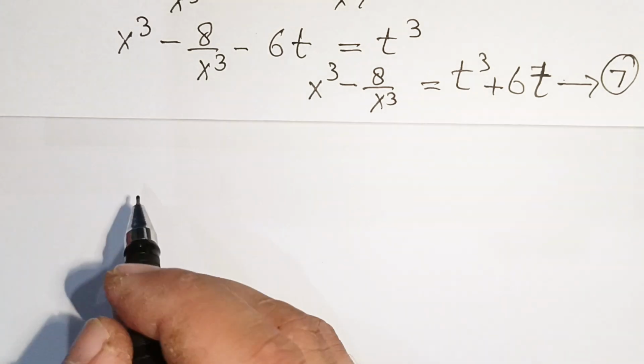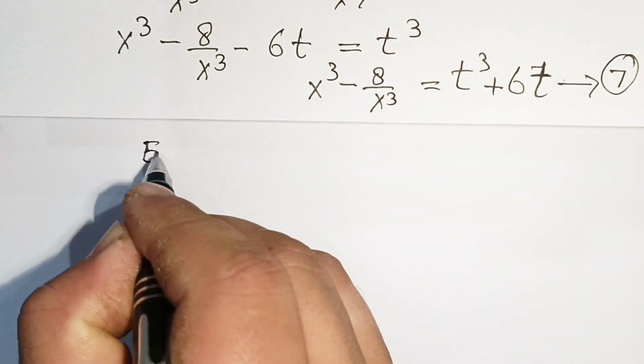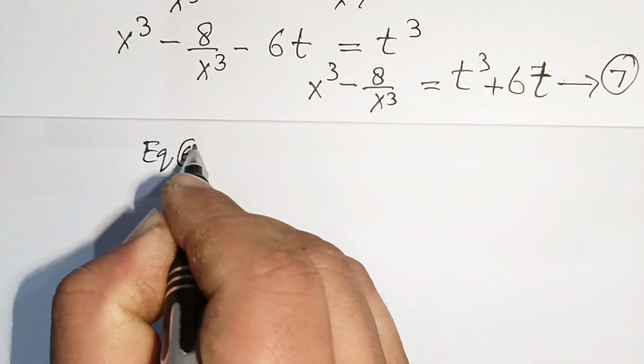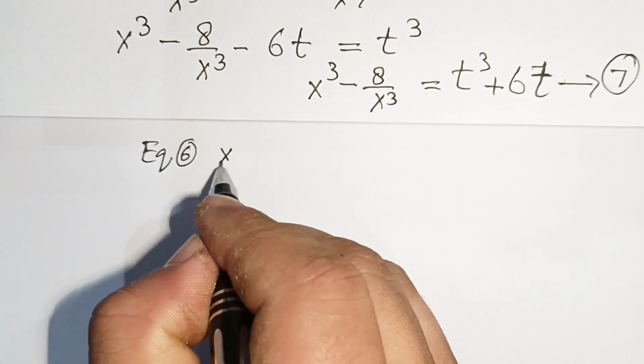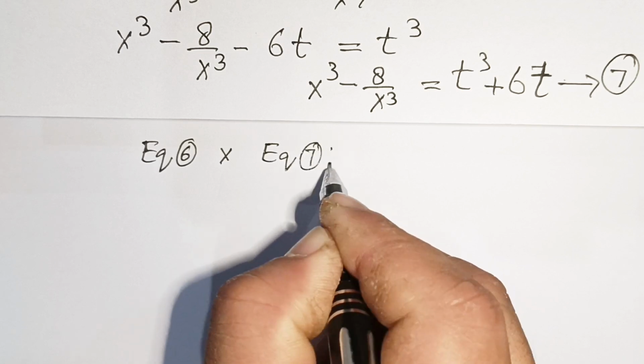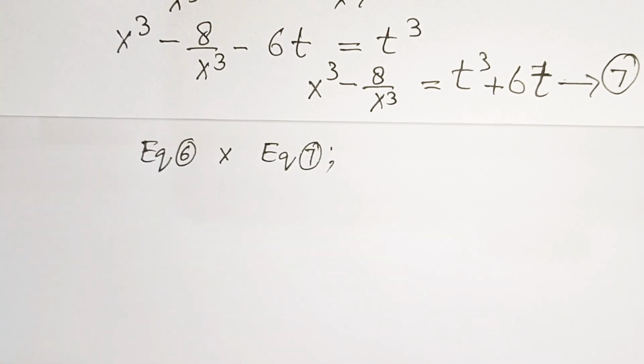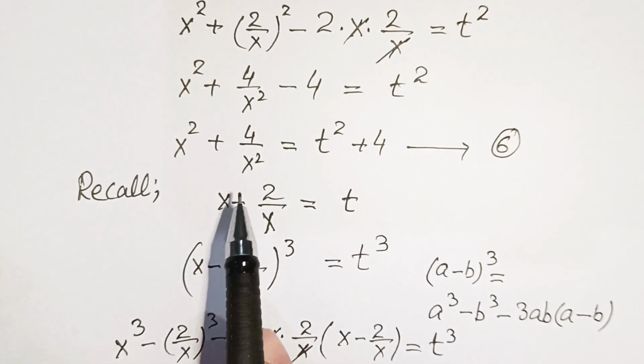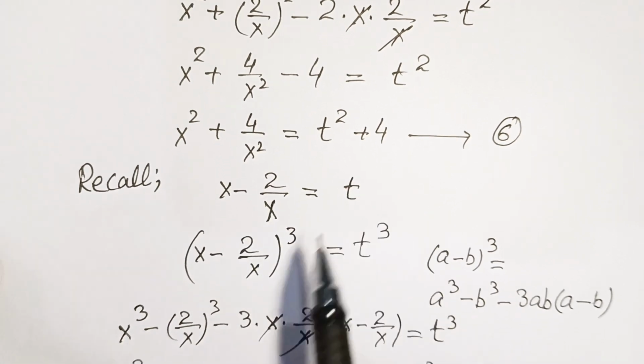Now our next step will be to multiply our equation number 6 by equation number 7. Equation number 6 is x squared plus 4 over x squared is equal to t squared plus 4.